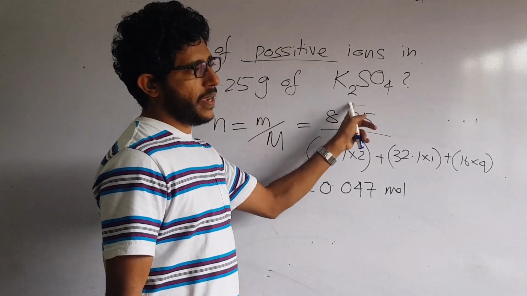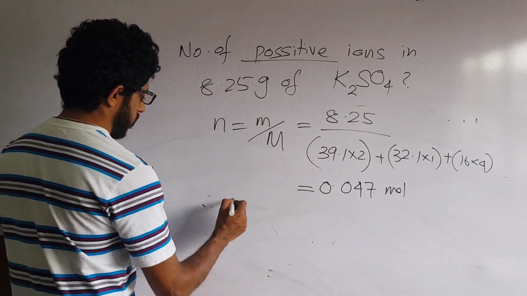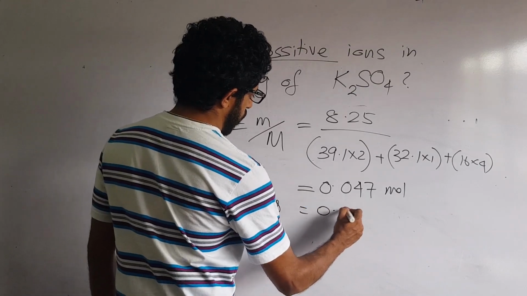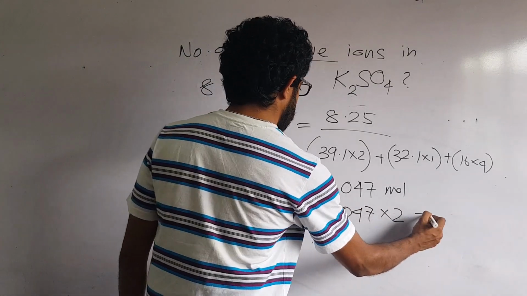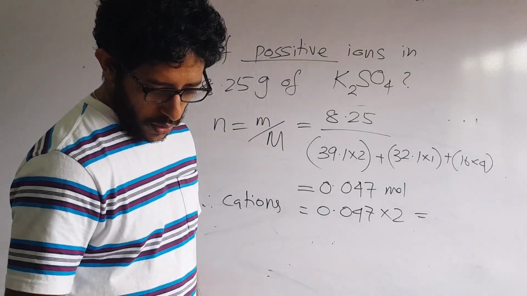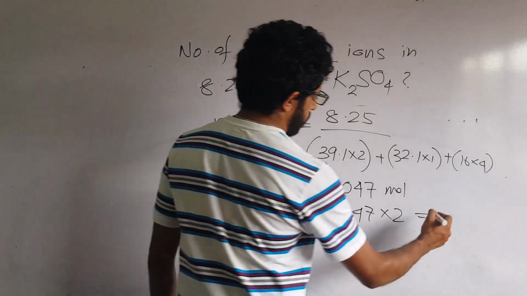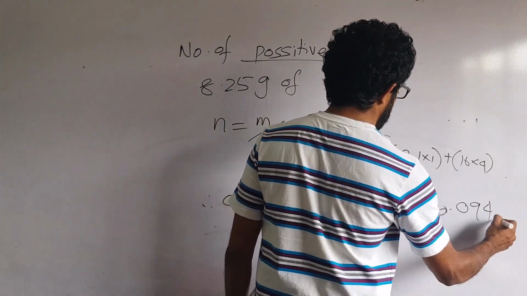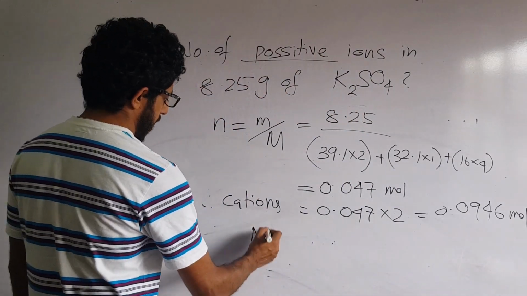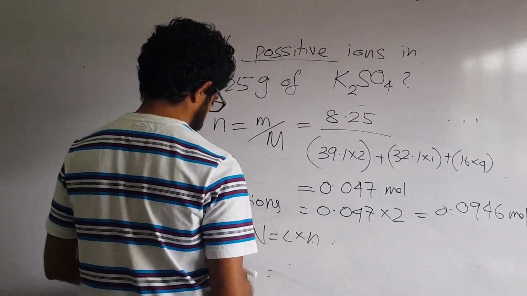We have only 2 cations, that's potassium. Therefore, cations would be 0.047 into 2. You have to multiply the same answer by 2. 0.094. 0.0946 moles. They are asking the total number of ions. Then N equals L into n.